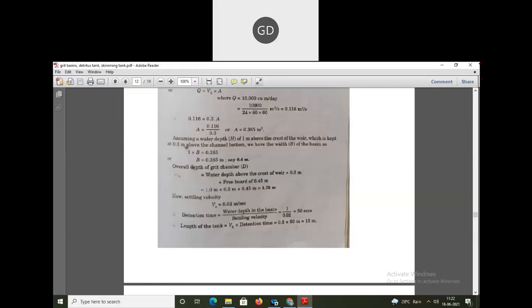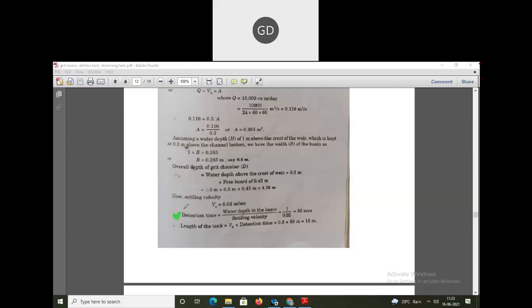Now to find out the length of this tank, you have a settling velocity. They have already provided the settling velocity in the question as 0.02 meter per second. Now we have one formula you have to remember, that is the detention time formula.